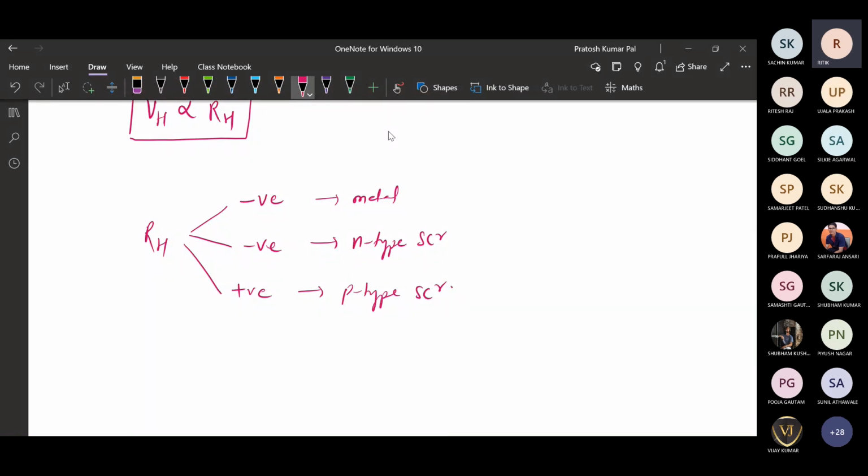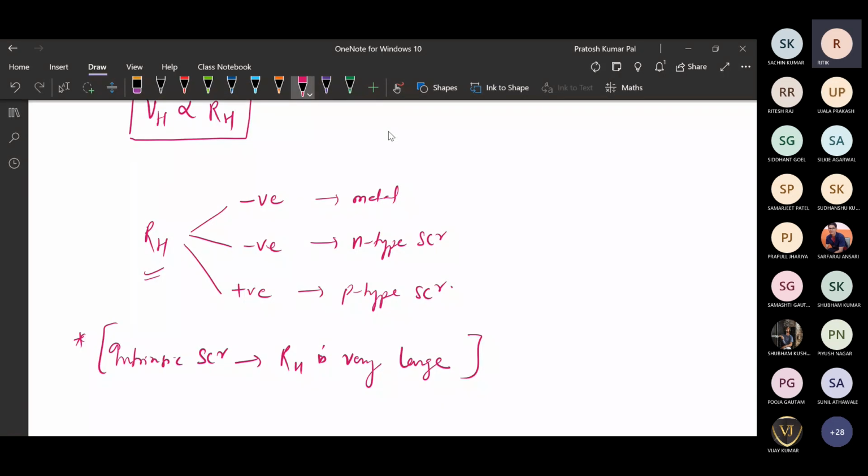In an intrinsic semiconductor the carrier concentration is very small, so that is why the RH should be very large. So this is the opposite of the case of the Hall voltage, where VH was 0.